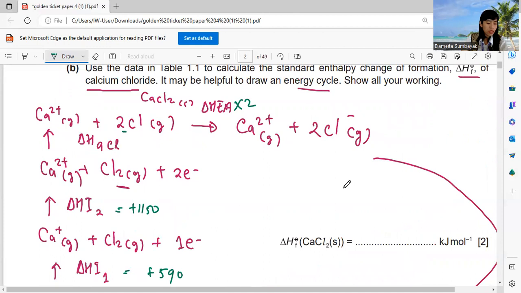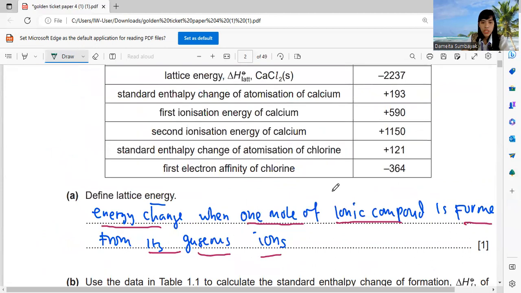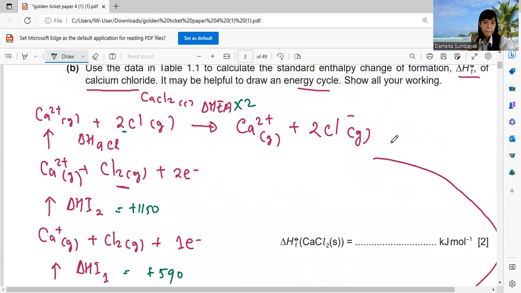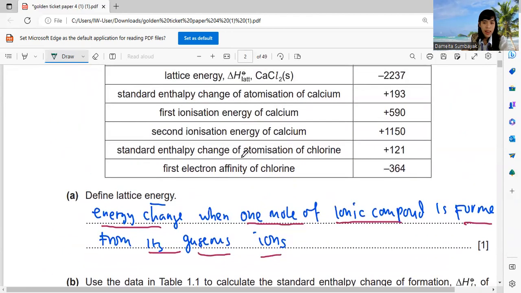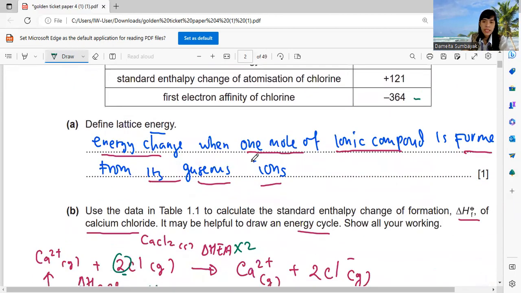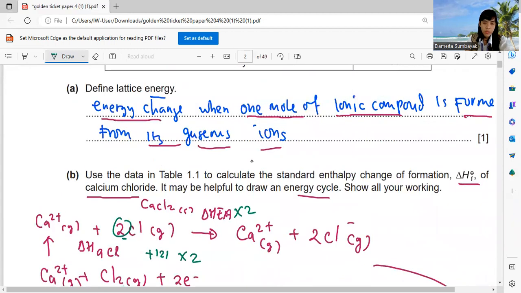Then delta H atomization of Cl is positive 121. Right here we have 2 as the coefficient, so you multiply it by 2. Next, we have delta HEA of Cl, minus 364 times 2.